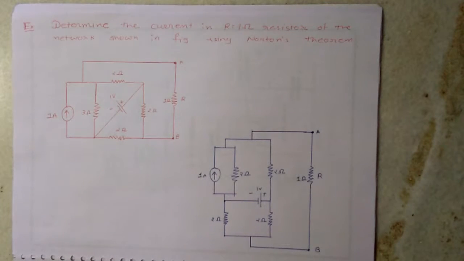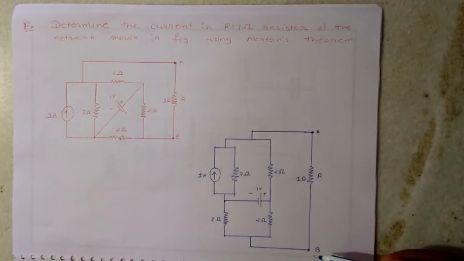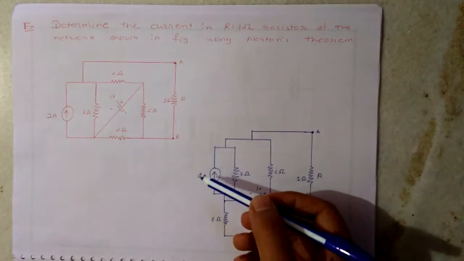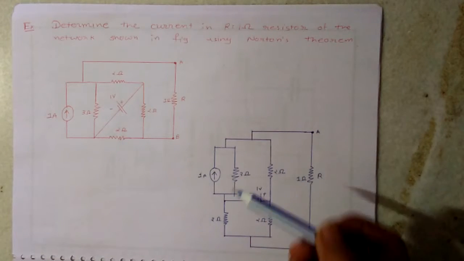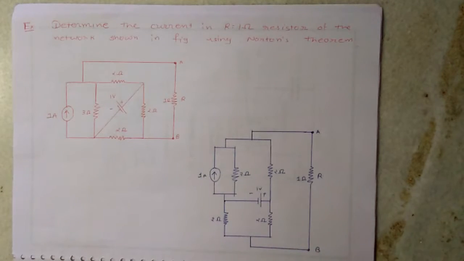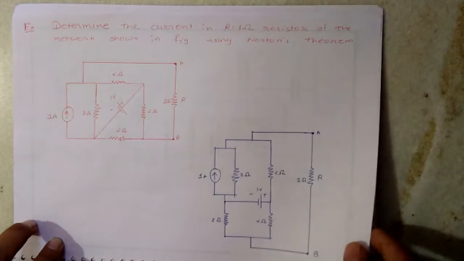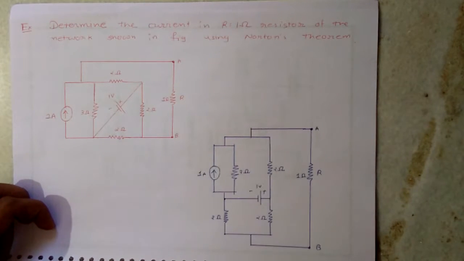Now to obtain the Norton equivalent, we will short circuit terminals A and B, and the current through the short circuit will be ISC. Now the current source is converted into a voltage source. That will be done using 1 ampere and 3 ohm.